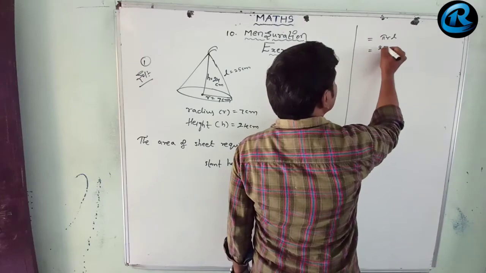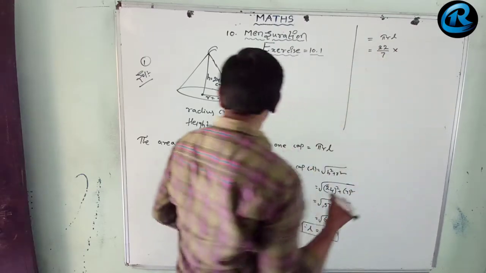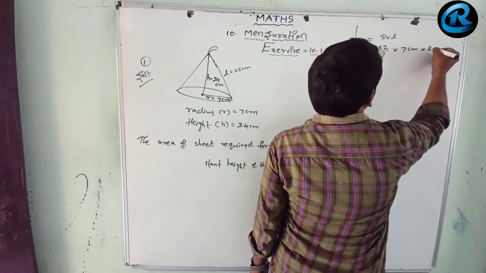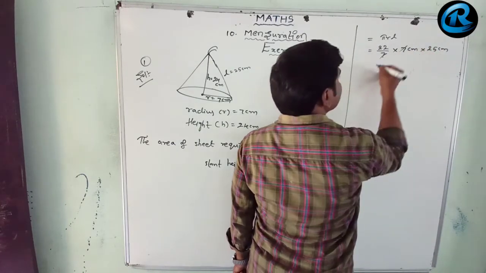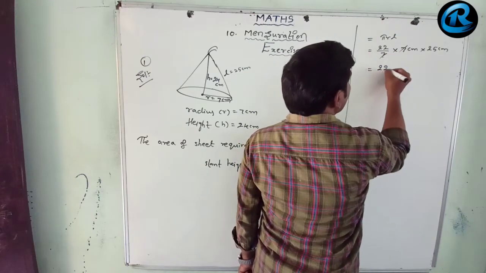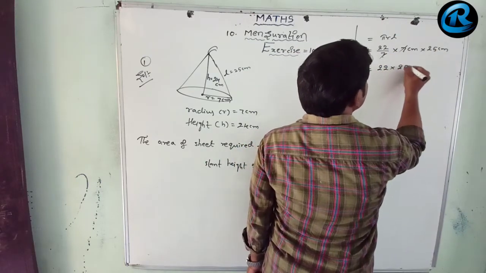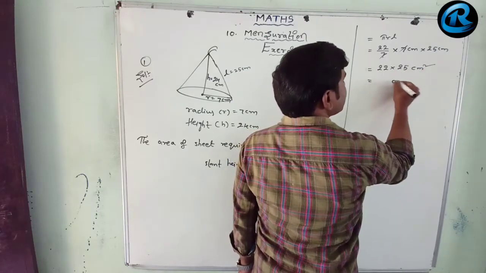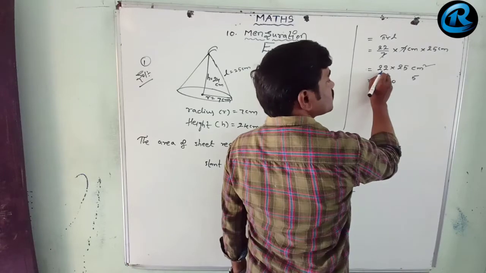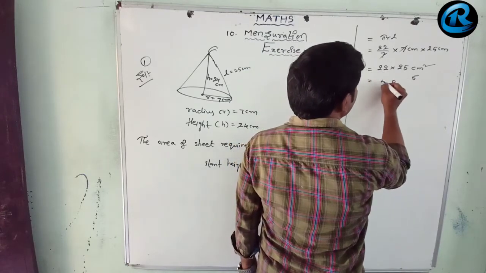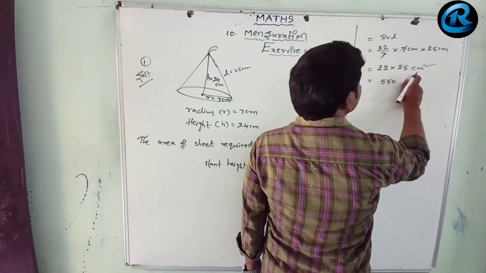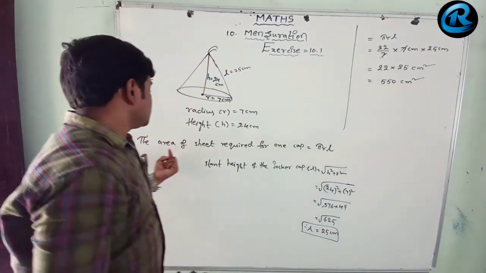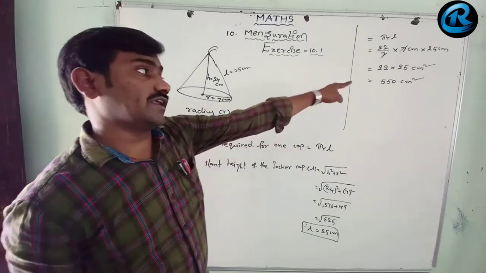Pi value is 22/7, r value is 7 cm and l value is 25 cm. The 7s get cancelled here. 22 into 25 cm into cm, that is cm square. 25 twos are 50, carry 5, 25 twos are 50 plus 5 is 55, so 550 cm square. And this is the area of the sheet required for one joker cap.